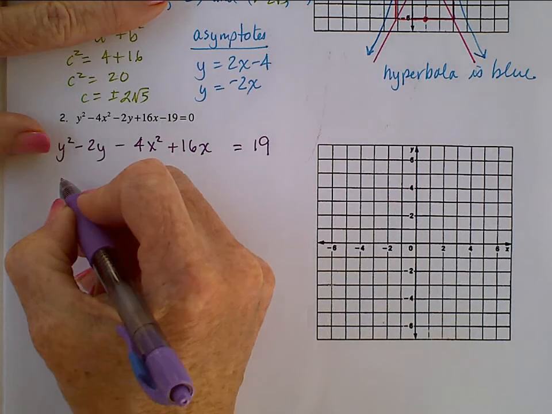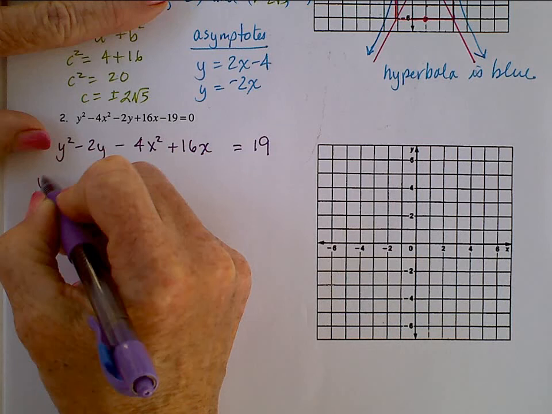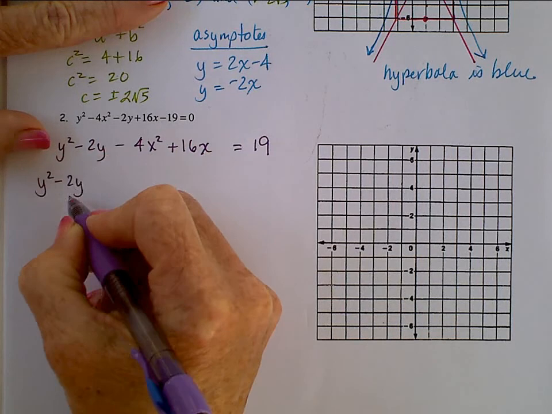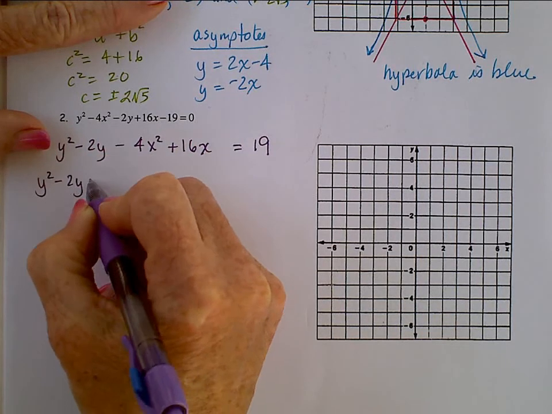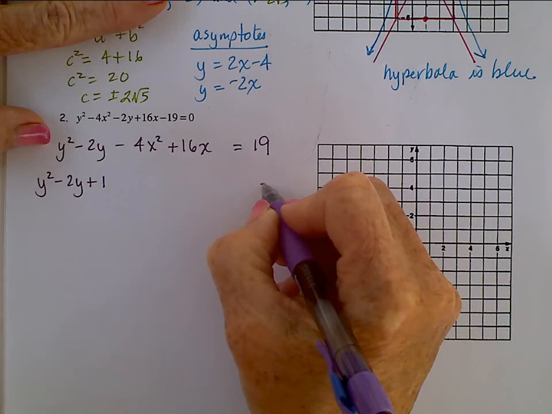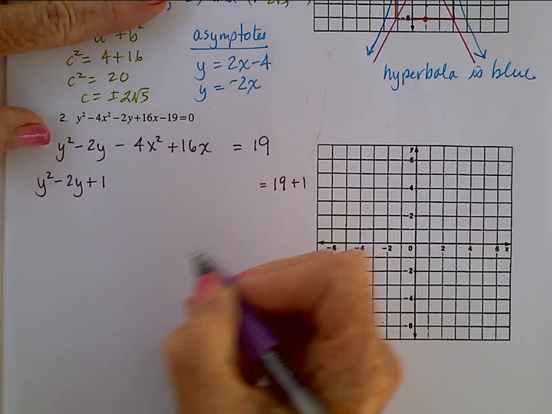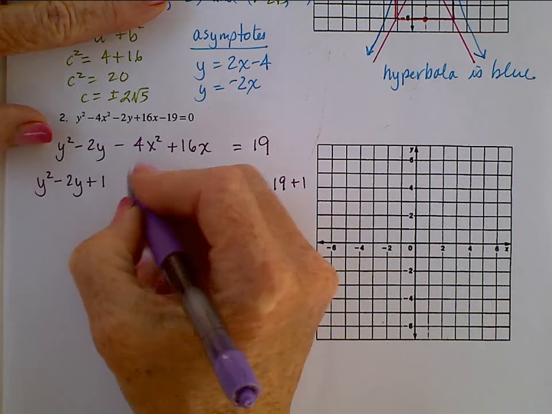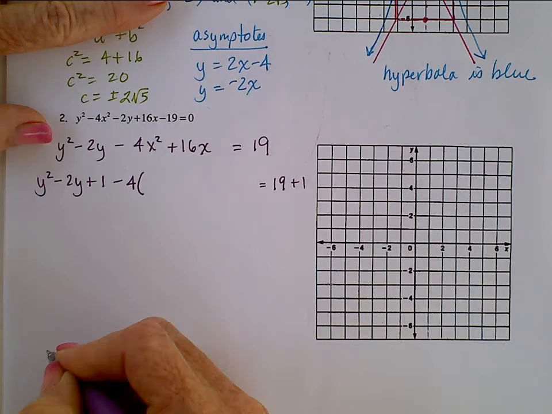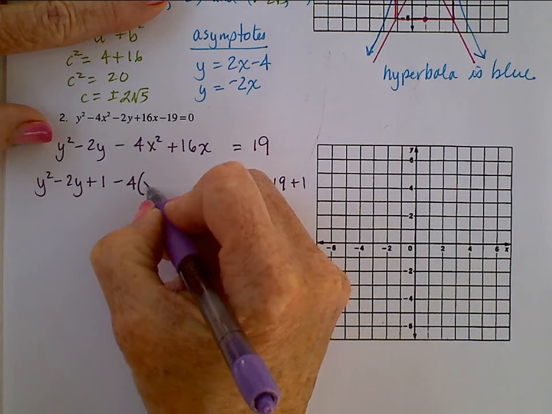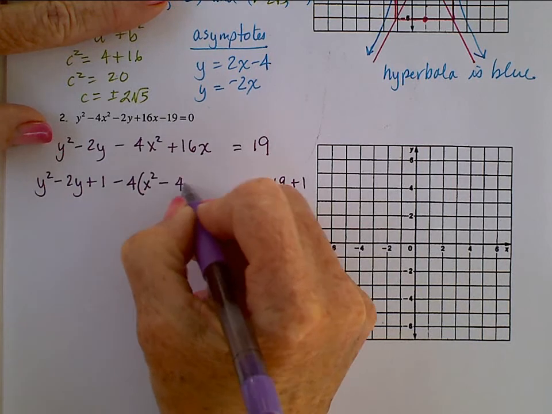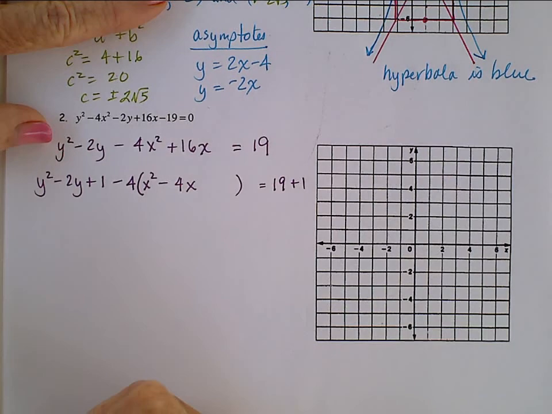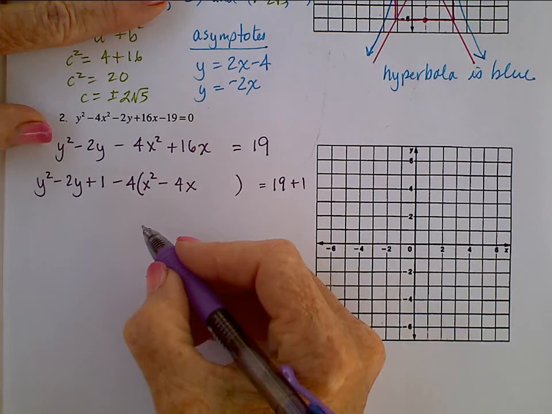Completing the square here on the y's. Half of 2 is 1, squared is 1, so I'll have to add 1 to this side over here. For the x's, you're going to have to factor out a -4. Be careful here, -4, which is x squared minus 4x. Let's complete that square.